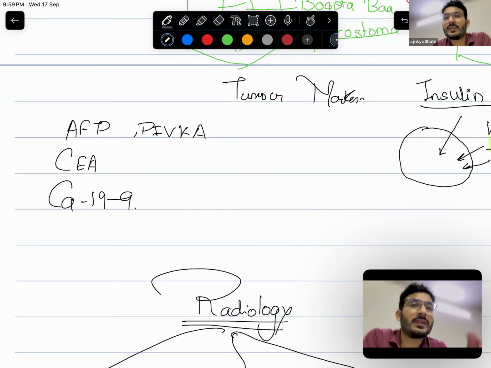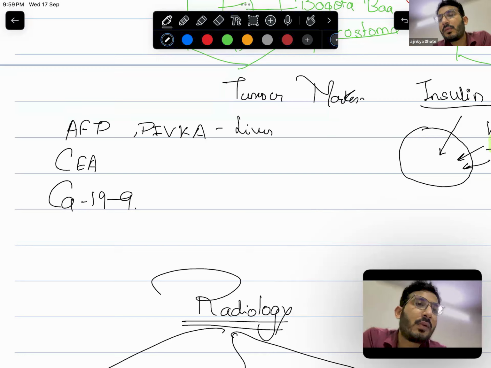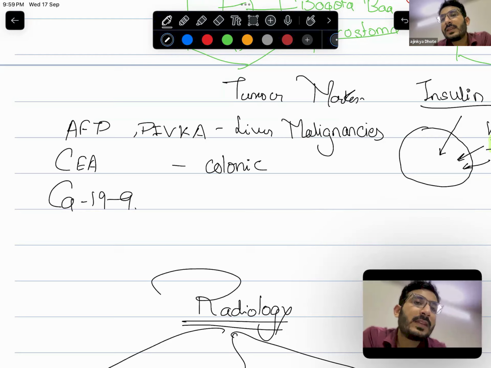All these parameters, AFP, PIVKA, are seen in liver tumors, liver malignancies in general. CA is seen in colonic malignancies. CA19-9 is seen in biliary and pancreatic malignancies.